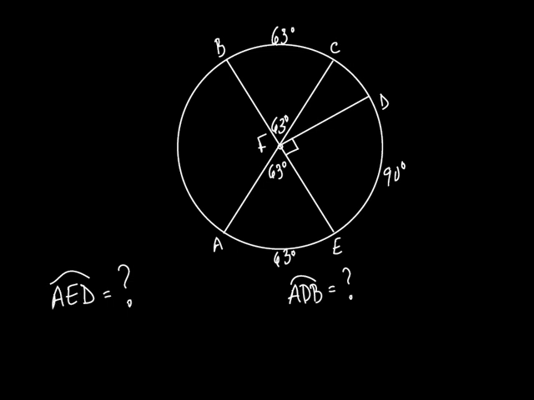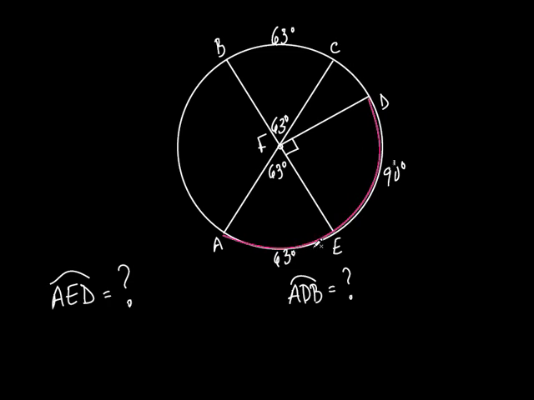We want to find out what arc AED is equal to. Let's mark it out right here so we know which one we're talking about. You start at A, then you go through E, and you hit D. Even though this is not a semicircle, they can still use 3 letters to indicate it. They could have just said AD. They didn't need the E in there, but they threw it in there anyway. So we want to find that pink arc right there.